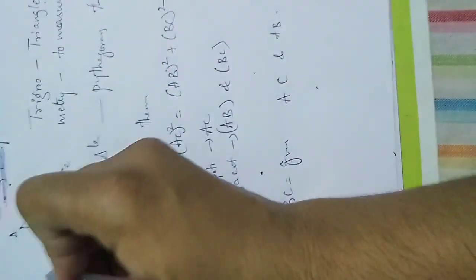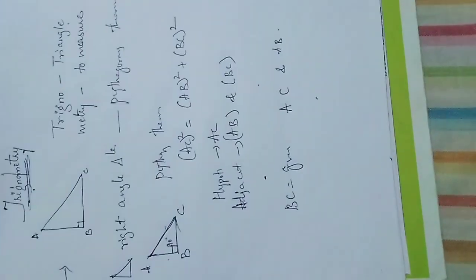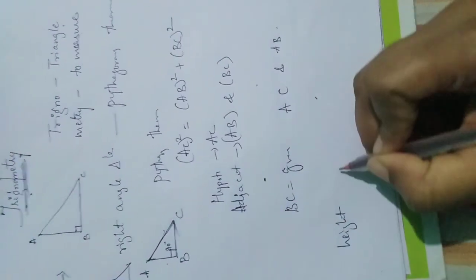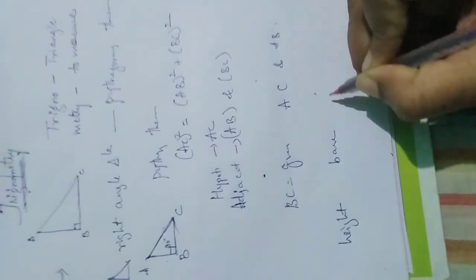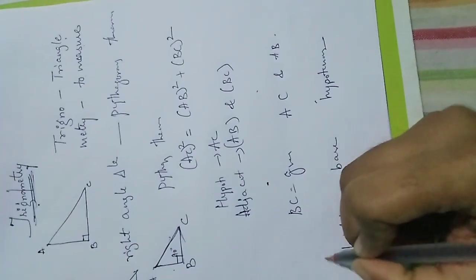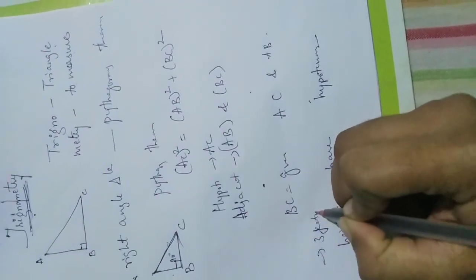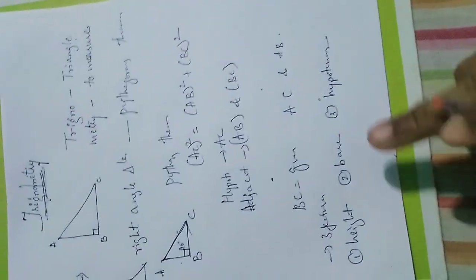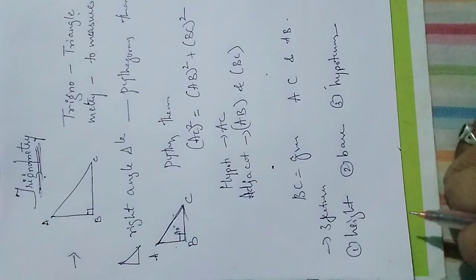In this triangle, we'll consider three features: height, base, and hypotenuse. Based on these, the ratios are considered.